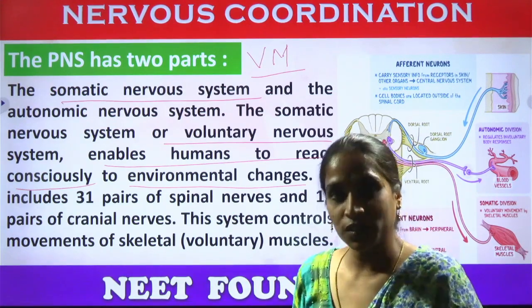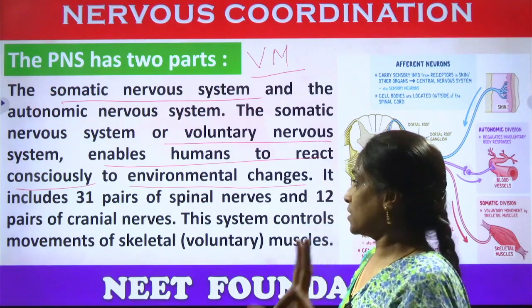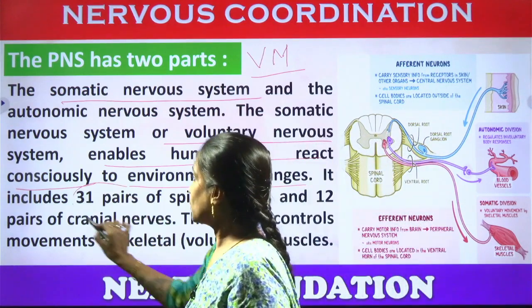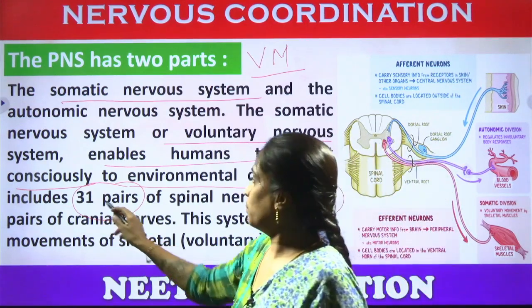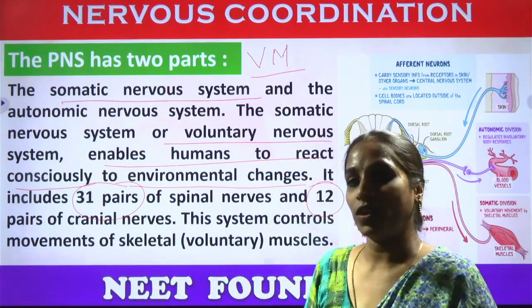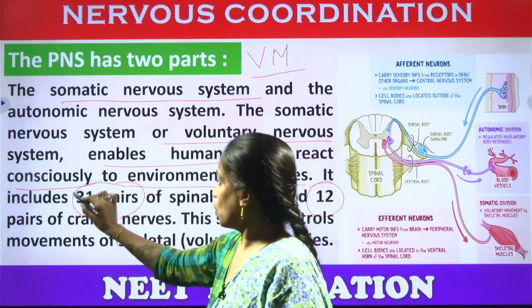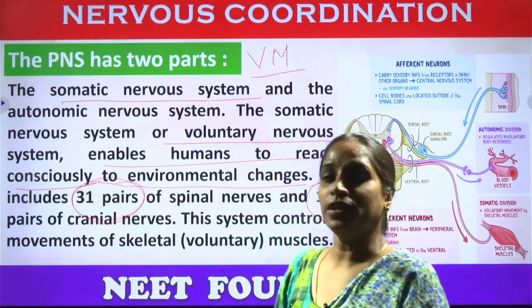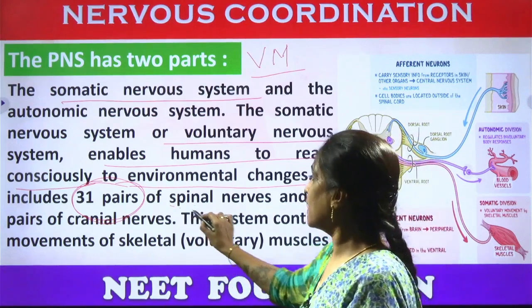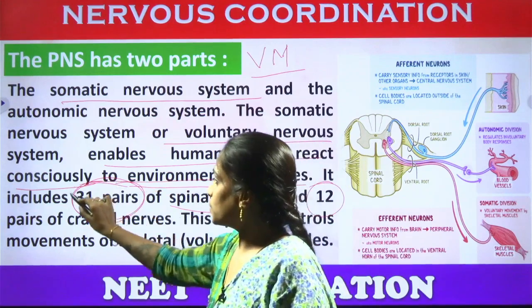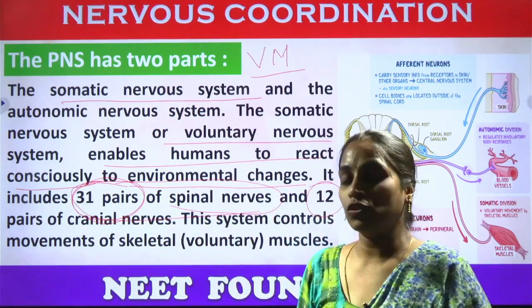So what does it include? The peripheral nervous system includes two types of pairs of nerves. The numbering you can observe here: one is 31 pairs and one more is 12 pairs. The 31 pairs of nerves arise from the root ganglions of the spinal cord, so they are considered spinal nerves, right? So what is the count of the spinal nerves?